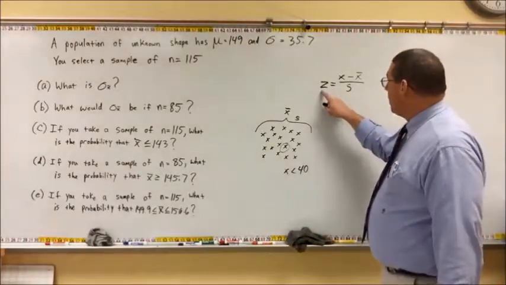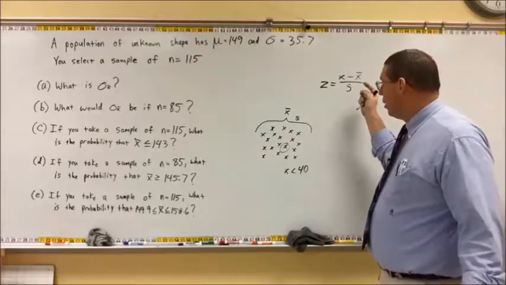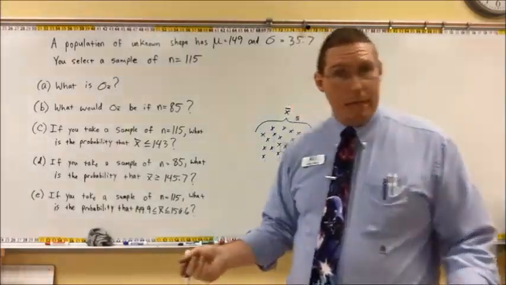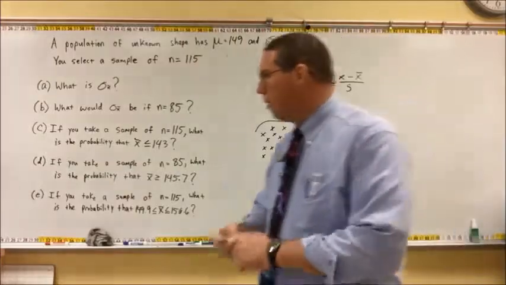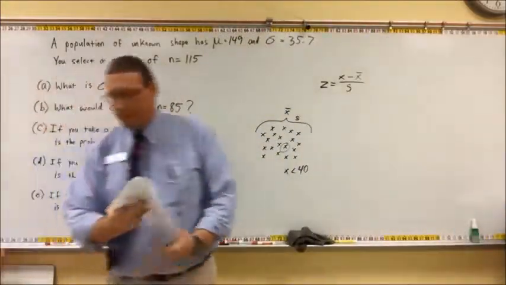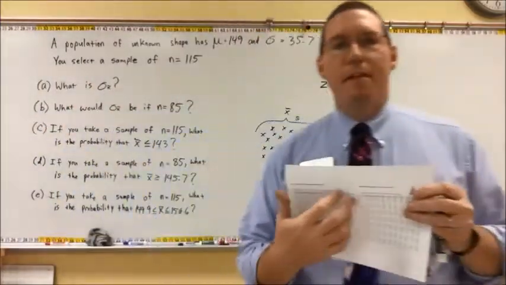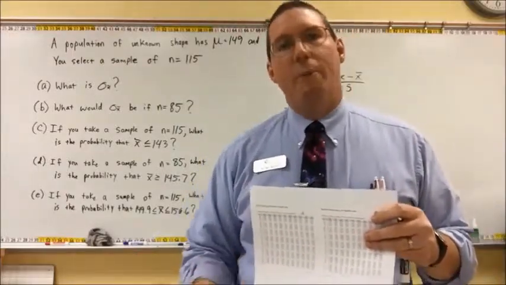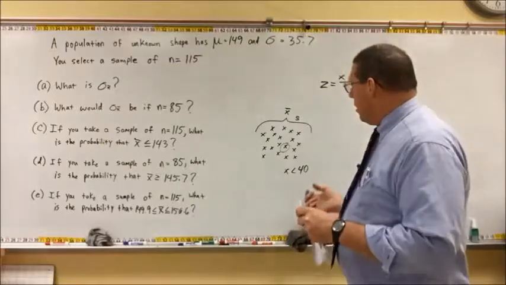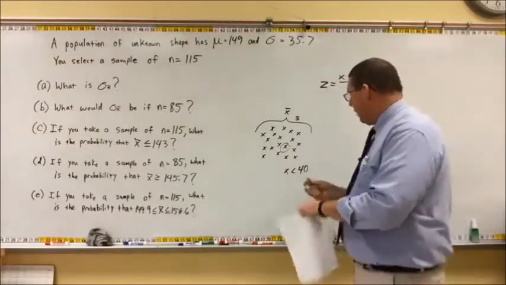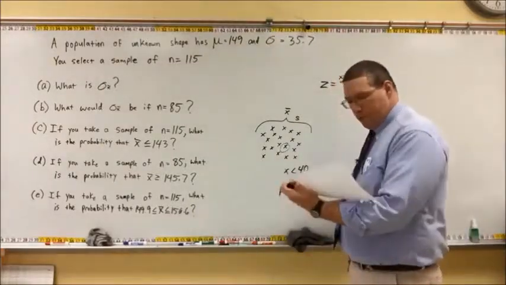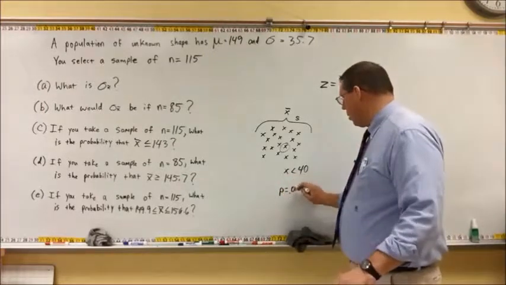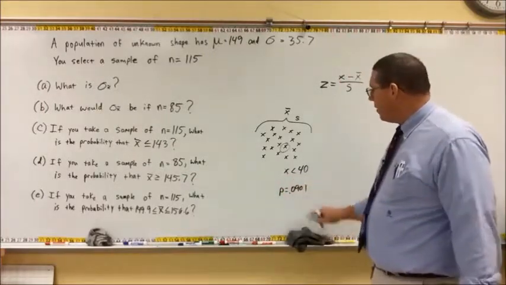You would find a z-score, which would be probably between about -3 and +3. Then you would look up on one of these z-tables and find a p-value, a population proportion. So let's say the p-value is 0.0901.